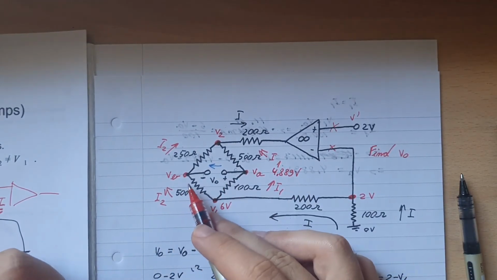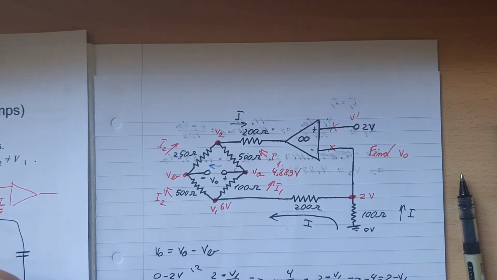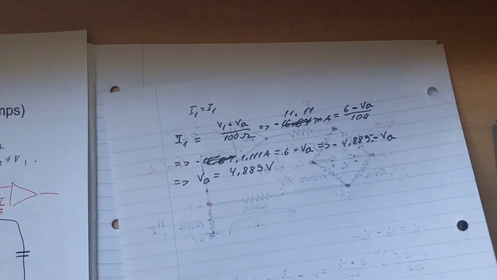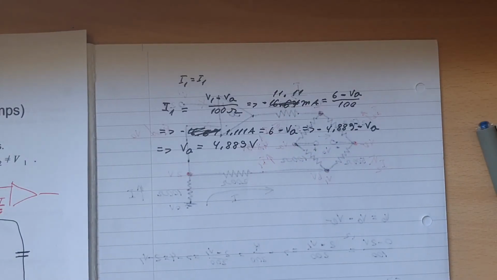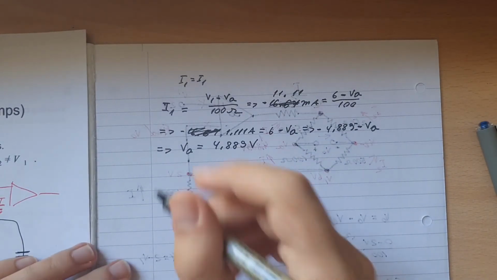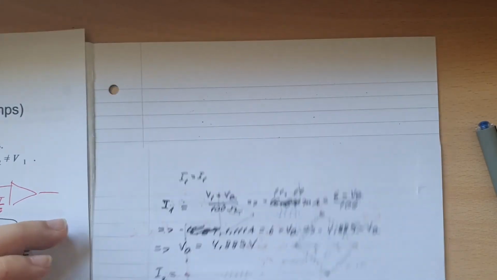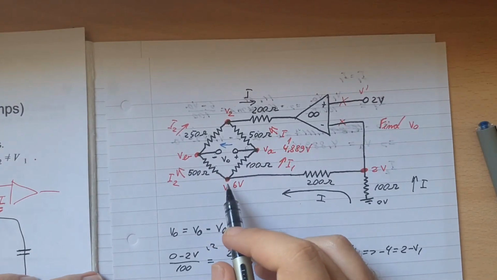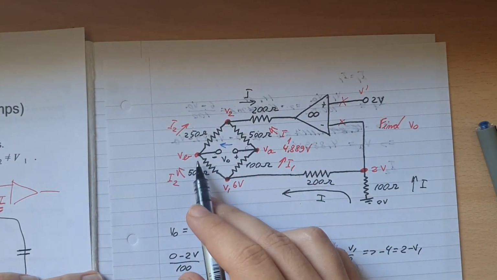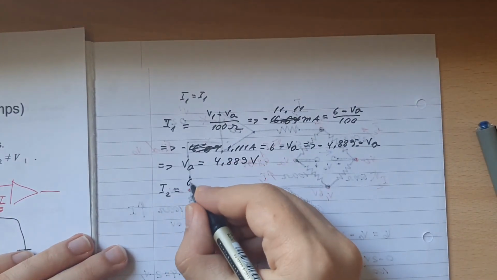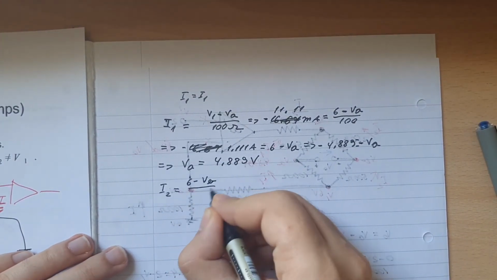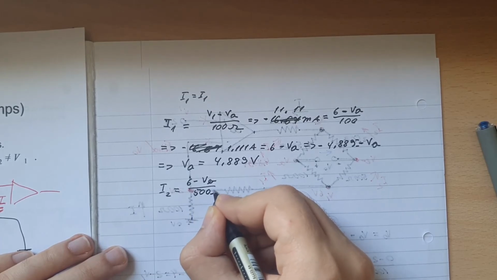Now we need to find the other half, which is VB here, and that's using the current I2. I2 is equal with, let's see here, that'll be 6 minus VB over 500 ohms.